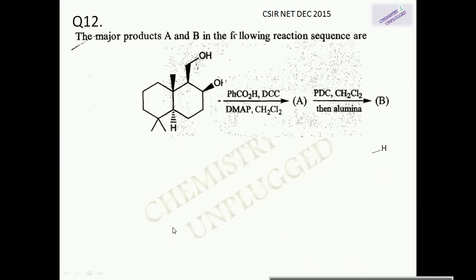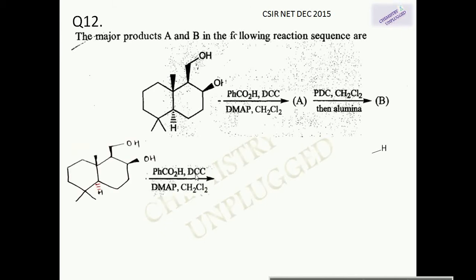The next question is from CSIR NET December 2015. In the first step, we are using PhCOOH with DCC, DMAP in DCM. DMAP is dimethylaminopyridine and it is an acylating catalyst. We are using PhCOOH as the acylating group.